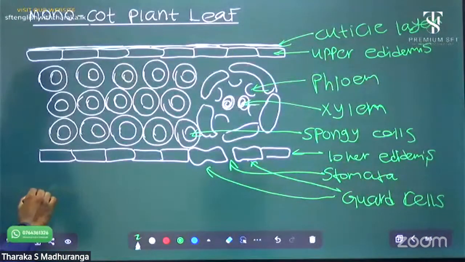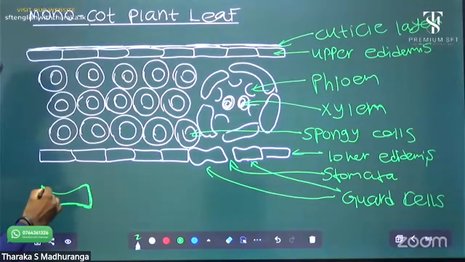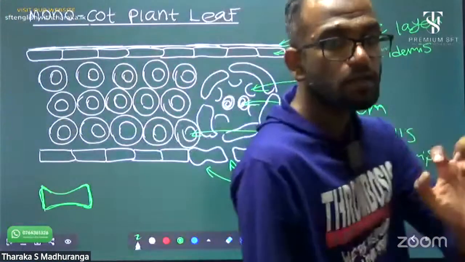It is the actual shape. Dumbbell shape, like a curve window. Dumbbell shape guard cells.